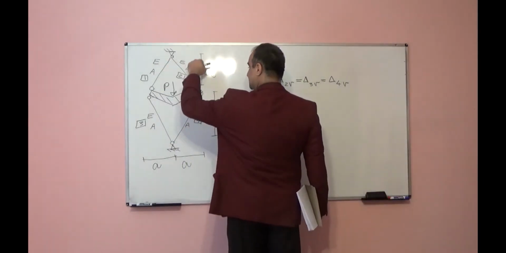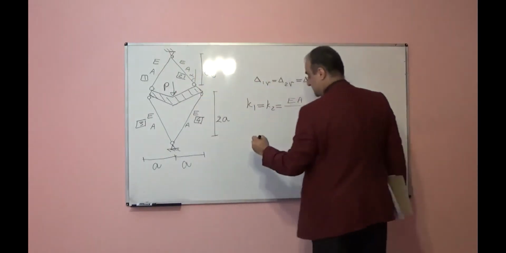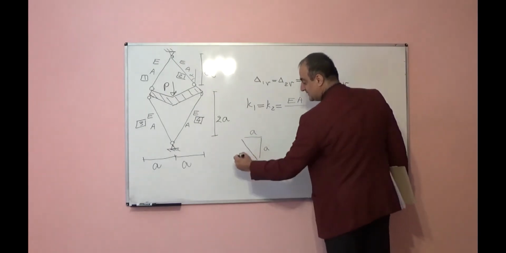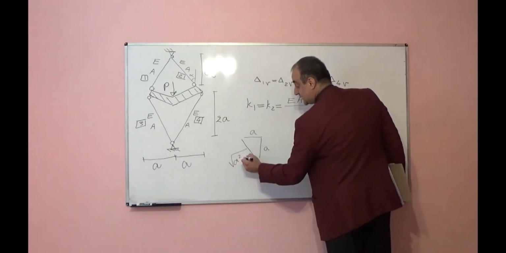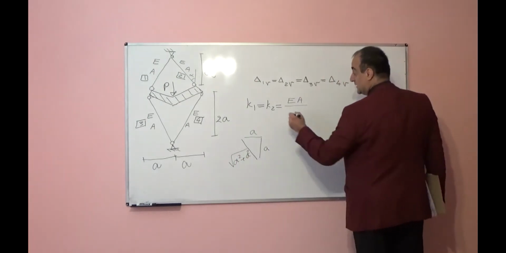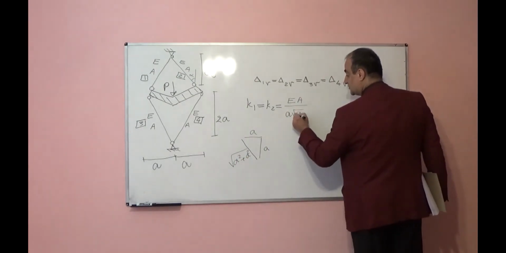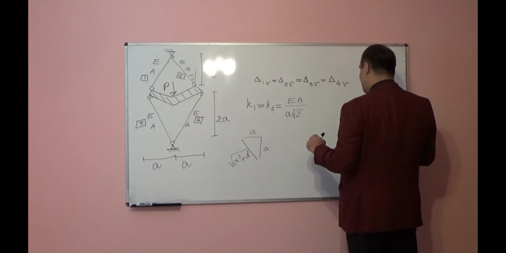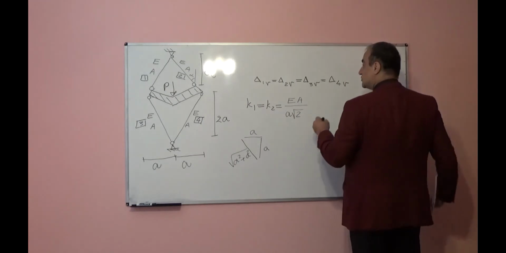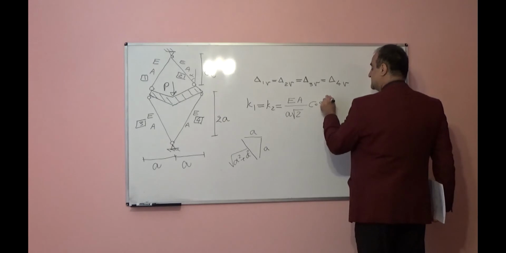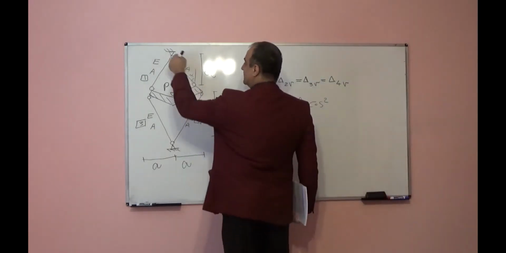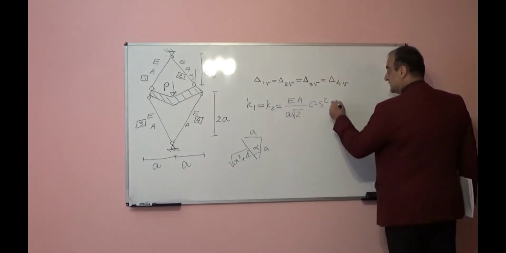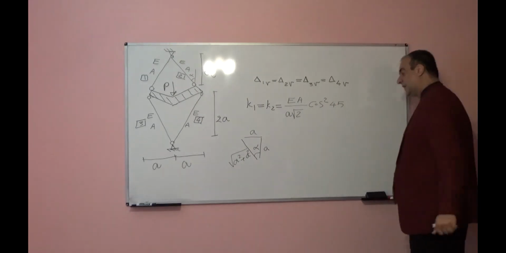If this is A and this is A, the length will be the square root of A squared plus A squared, so it will be A square root of 2. So EA divided by length L times cosine square of this angle. Because this is A, this angle will be 45 degrees, so cosine square of 45 degrees.